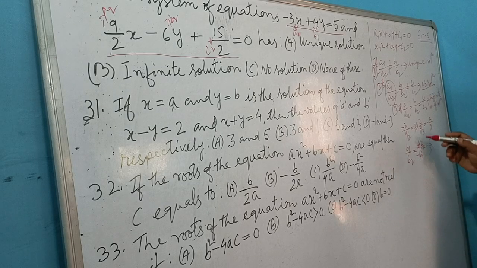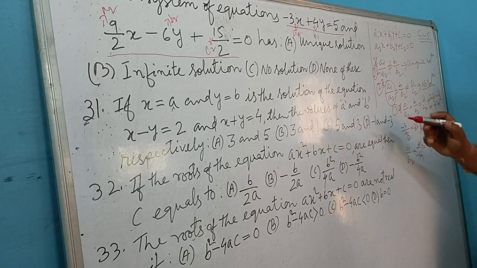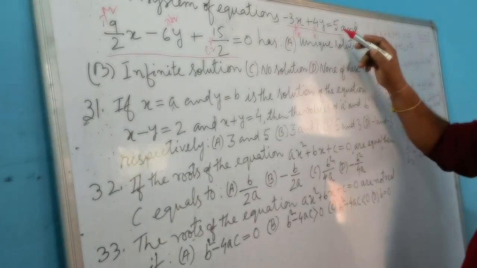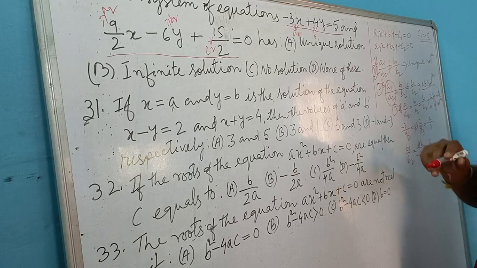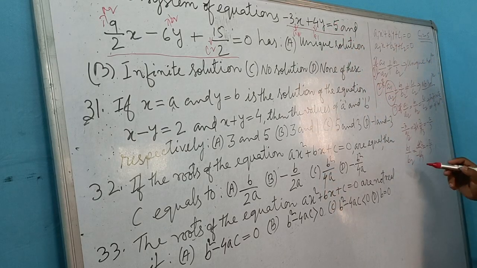This ratio is same, that is, a1/a2 = b1/b2. Now let's check c1/c2 also. I wrote c1 is minus 5 because if you bring it here, it will be minus 5.